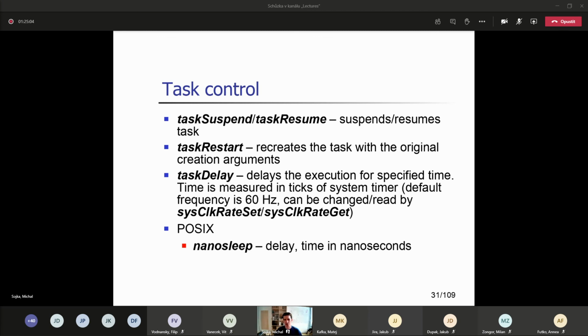But under VxWorks, the resolution of those sleeps is always the system tick. So if you do nanosleep 10 nanoseconds, you will always sleep until at least the next tick, which might be in a few nanoseconds, but it might also be like 20 milliseconds if you happen to call it just after the last tick has finished.